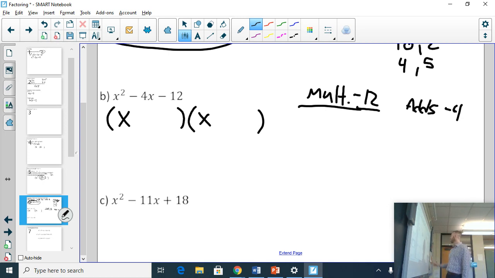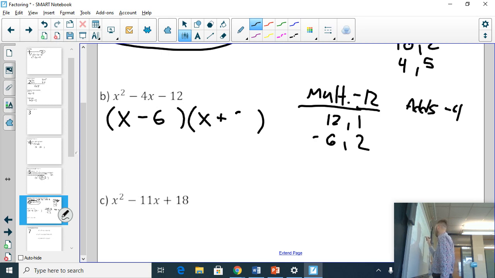So, we have 12 and 1. I don't see how that can get us -4. And we have 6 and 2. Oh, that could get us -4 if we have a -6, and that's what we need, right? We need -6 and 2 to get -12. So that works. So let's just put in -6 and +2.